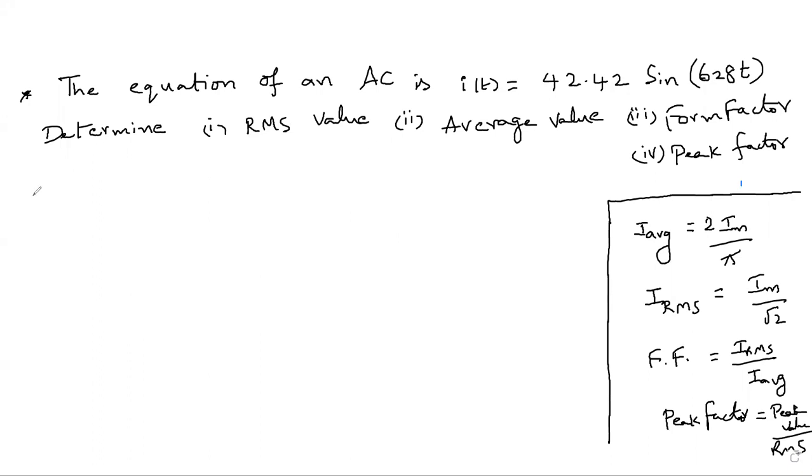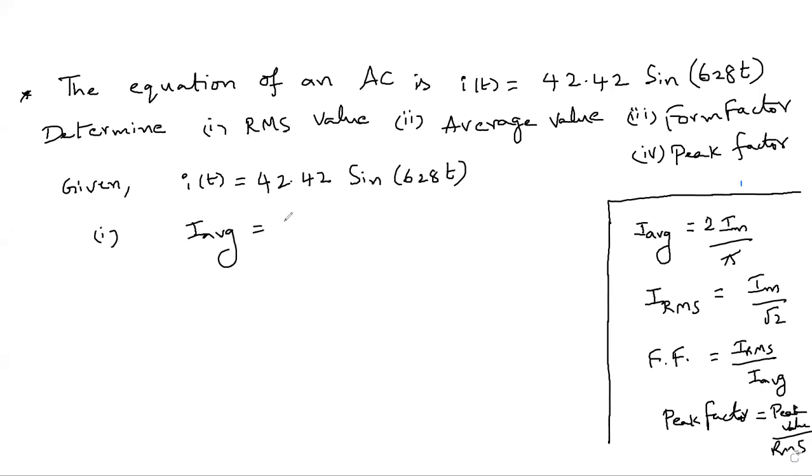Now we will check the answers for the given problem. They gave the equation as i(t) equal to... all of you try to do. The formulas are on screen so that you can try it out. The first one is RMS value.